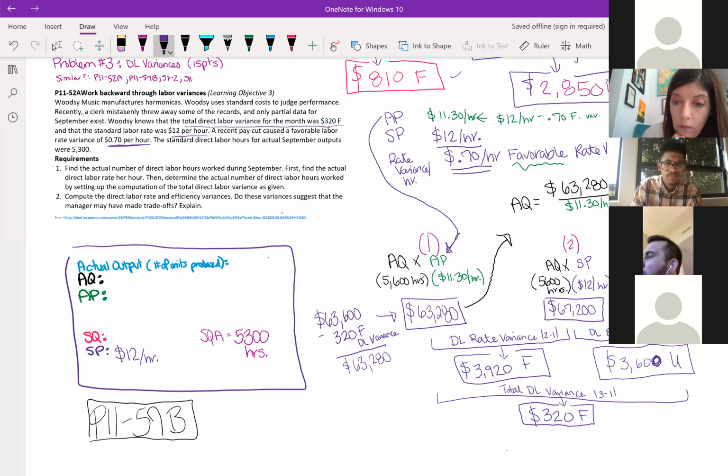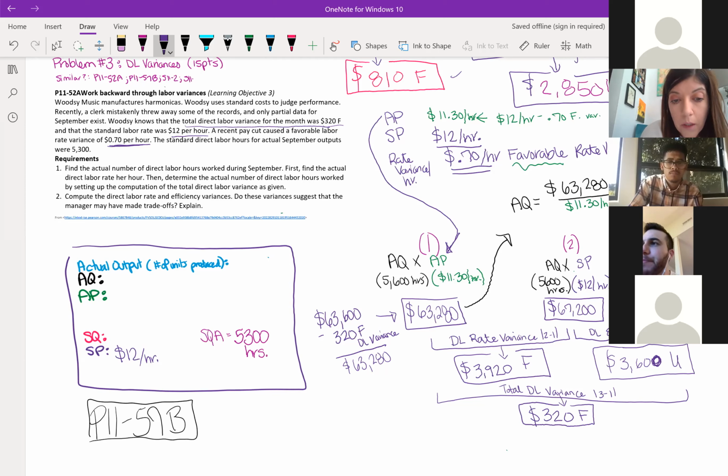So you have a pretty substantial rate variance that's favorable, and you have a pretty substantial quantity variance that's unfavorable. So what appears to have happened here? We use less skilled workers. Yeah, we use lower skilled workers who are typically cheaper, and they worked more hours than they should have, right?